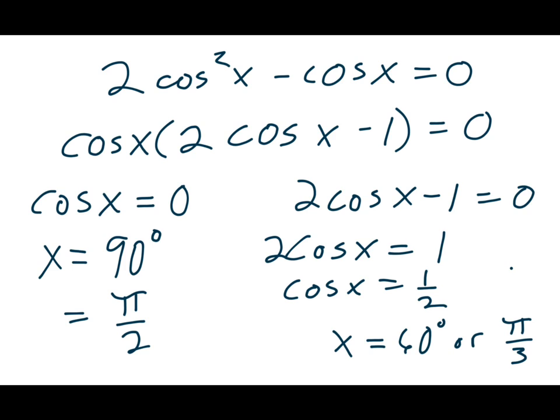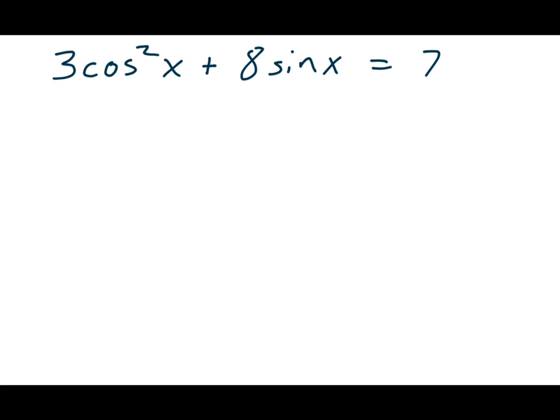Now, some of these other ones using factoring, it's a little tricky. What you need to do is think about this guy as if it is a quadratic. So here I have this. Okay, now, you see I have cosine and sine.